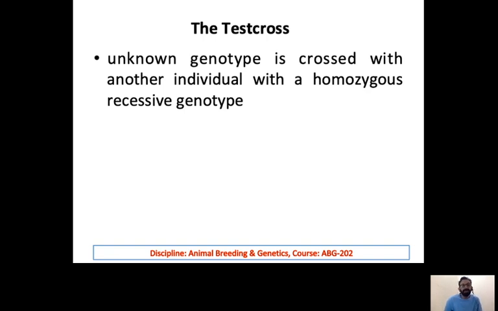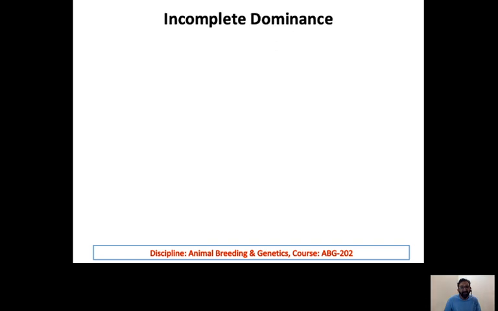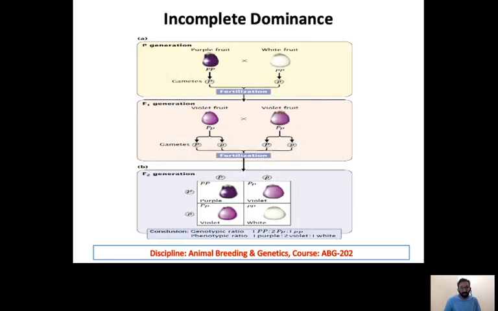And just to identify whether an individual is a carrier or not, we might have to go for the test cross. Of course, in case of humans, we need to go for other genetic testing in the laboratory. But in case of animals or plants, we can go for the crossing. So I will try to explain this concept by incomplete dominance.